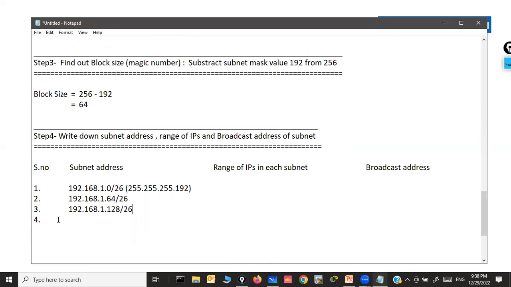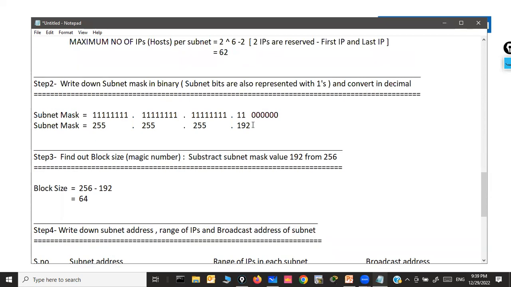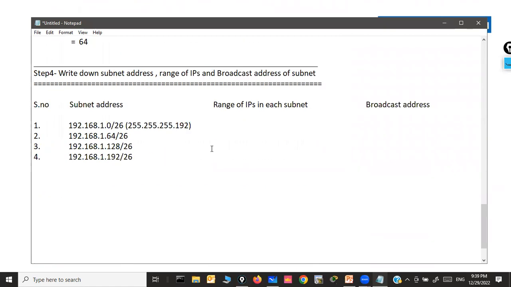And the fourth one here, 192.168.1 dot, and then 192/26. If you add 64 again here, this would be 192, and 192 was the last number, in fact the last digit.